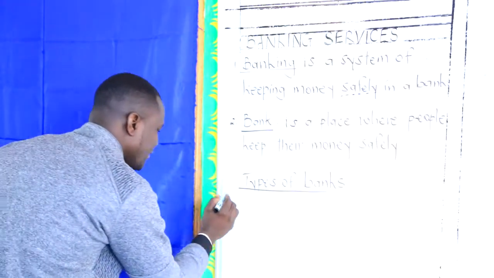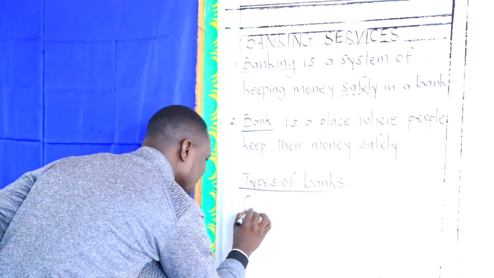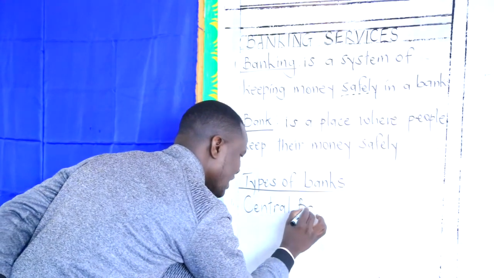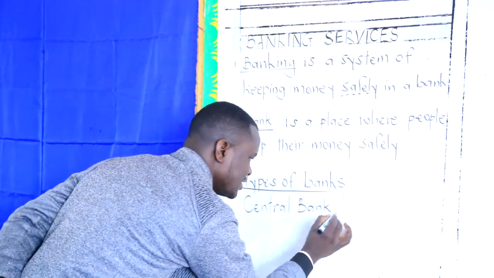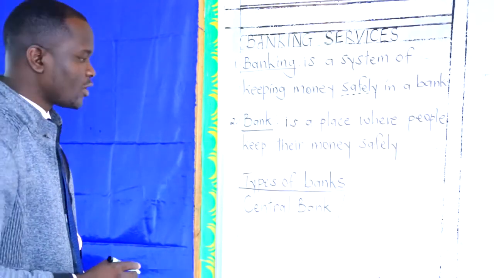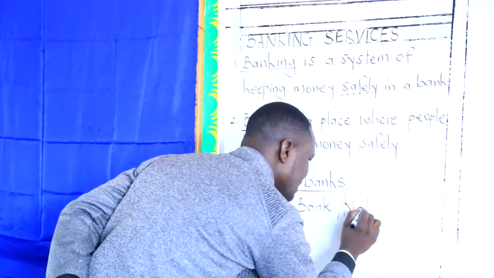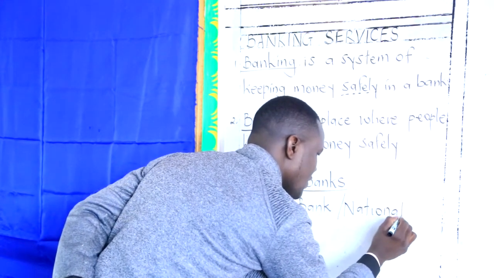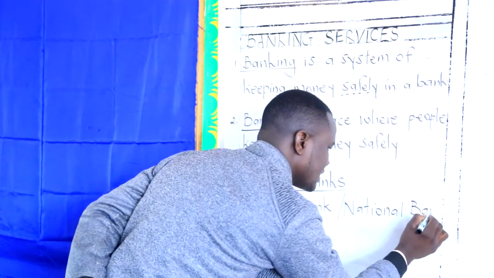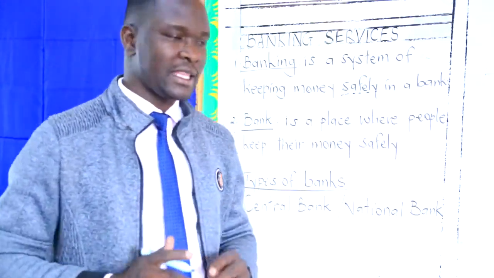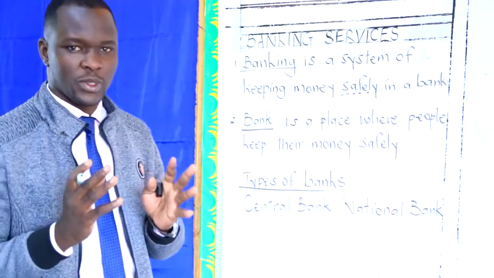Now, in these types of banks, we are going to have one, the central bank. This central bank, we can also call it the national bank. And for Uganda, this is the bank that we call Bank of Uganda.